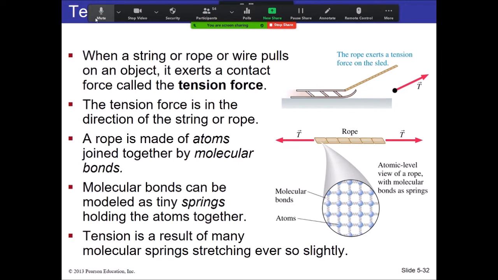Now ultimately, on a microscopic level, tension is really just a bunch of spring forces. When you're pulling on the rope, you are stretching out the molecular bonds to some extent, and that provides the tension. We don't get into that kind of detail, but I just wanted to throw that out there. That's interesting.